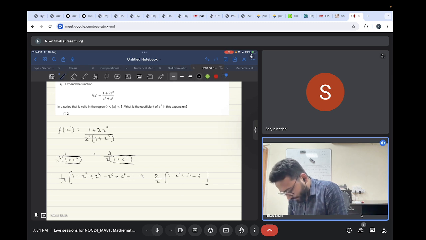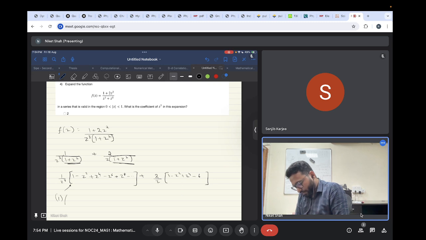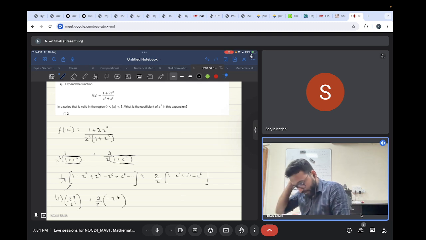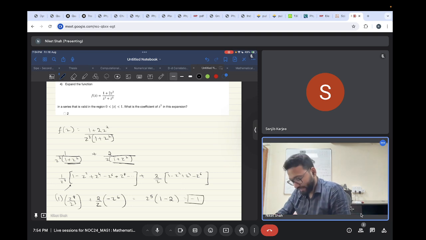So the coefficient for z power 5 will come from here, which will be 1 into z raised to power 8 divided by z cube, plus 2 by z into, sorry, I wrote just 6 here, minus z raised to 6. That is equal to z power 5 into 1 minus 2, equal to minus 1. So that's your coefficient.